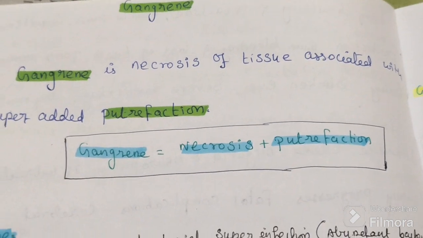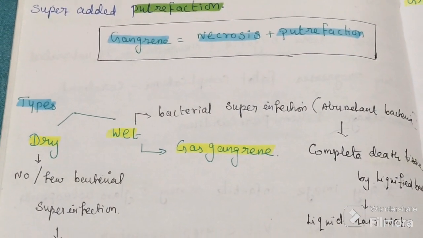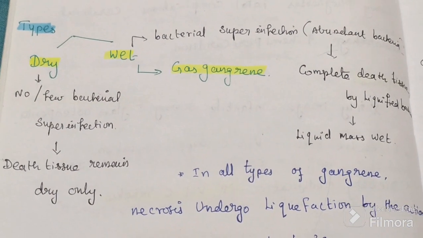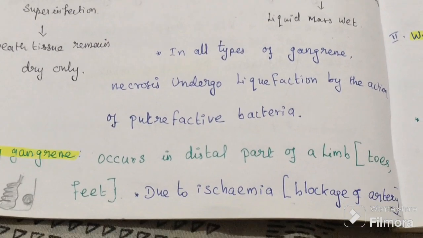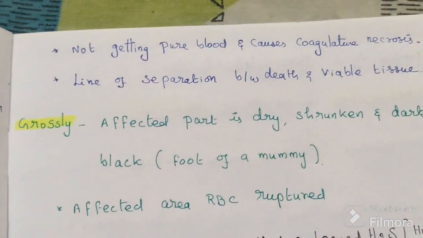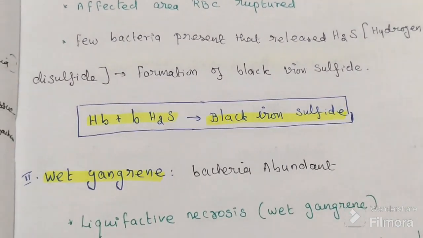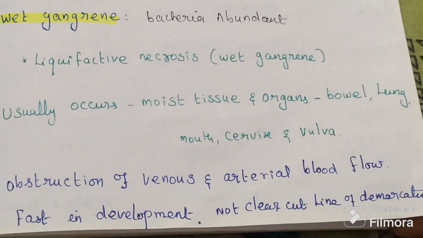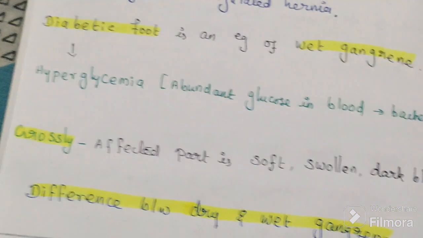So in this video we discussed gangrene, necrosis plus putrefaction. The two main types of gangrene are dry and wet, with gas gangrene as a special type. In dry gangrene the line of separation between dead and viable tissue is present, but in wet gangrene it is not, with no clear-cut line of demarcation.